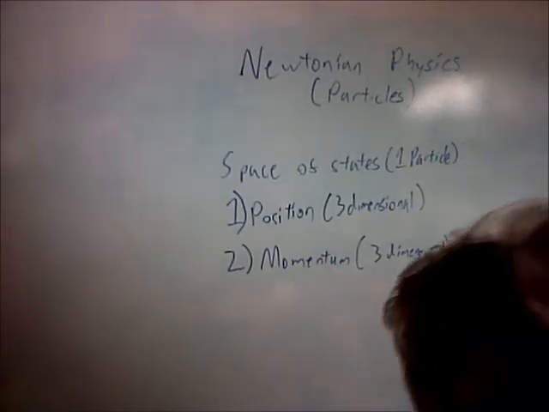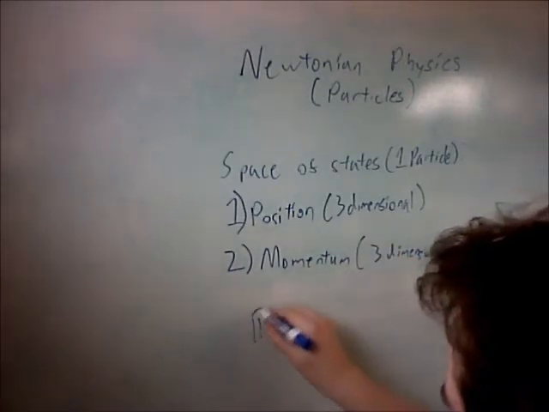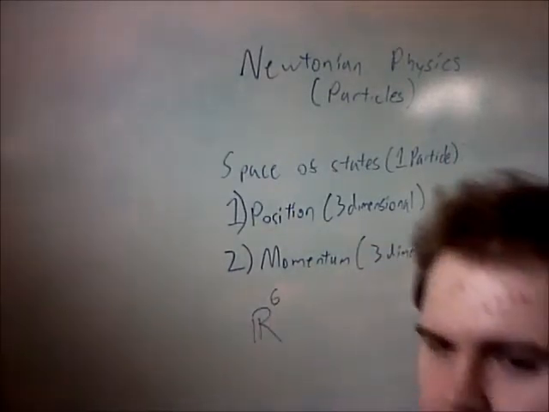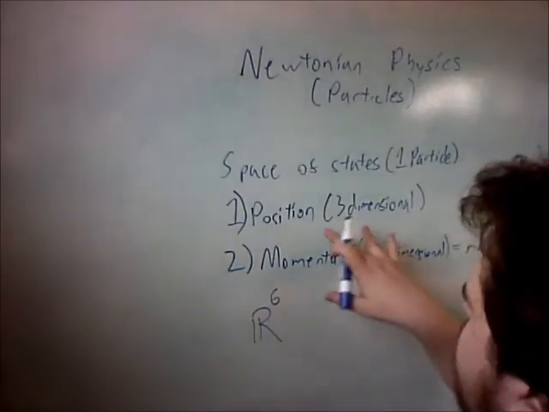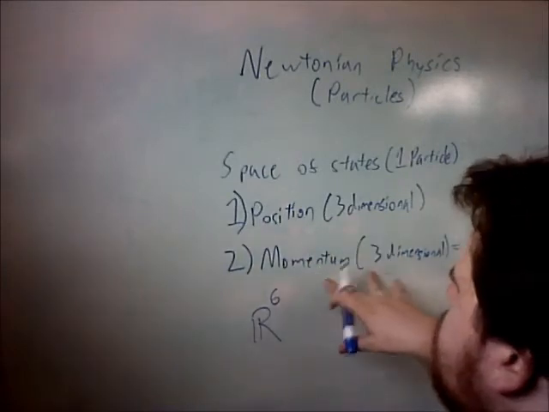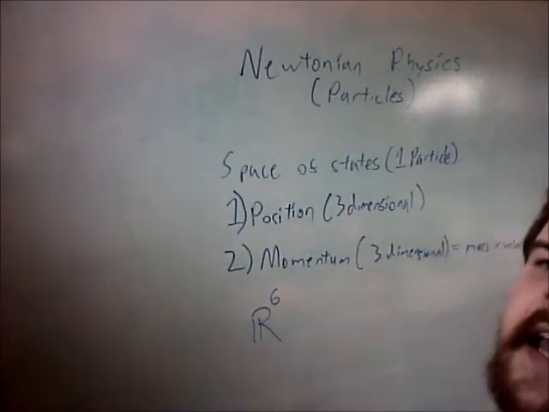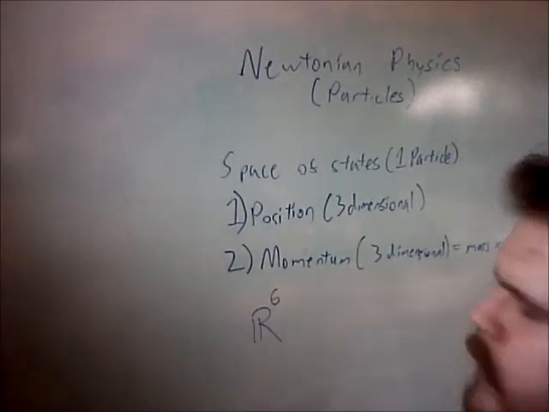So, if we have one particle, we have a 6-dimensional space. If we have 2 particles, we have 2 3-dimensional positions, 2 3-dimensional momenta, and as far as the space of states is concerned, all of those are independent.